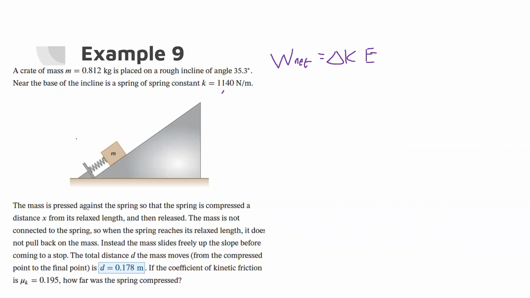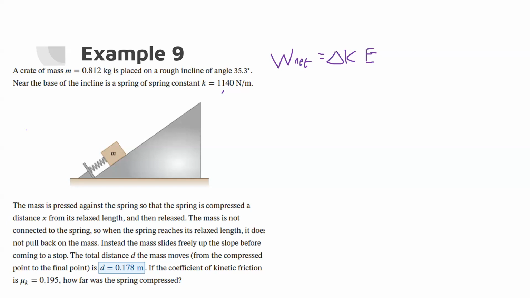So we'll go ahead and read the problem. It says a crate of mass m equals 8 is placed on a rough incline. I'm not going to say the numbers. Near the base of the incline is a spring with a spring constant that we know. The mass is pressed against the spring so that the spring is compressed a distance x from its relaxed length and then released. The mass is not connected to the spring, so when the spring reaches its relaxed length, it does not pull back on the mass.